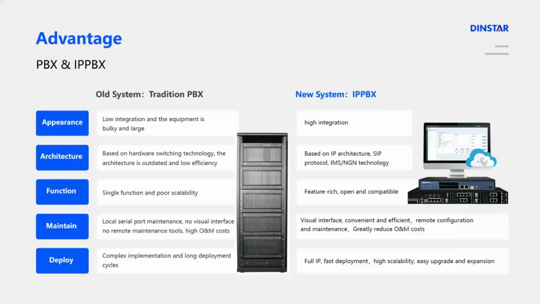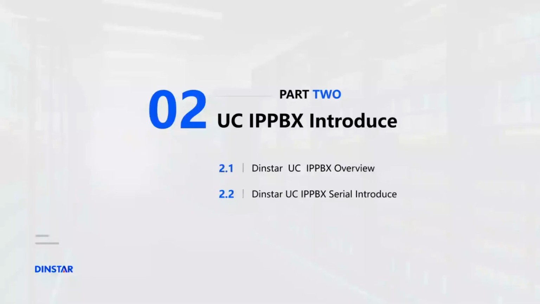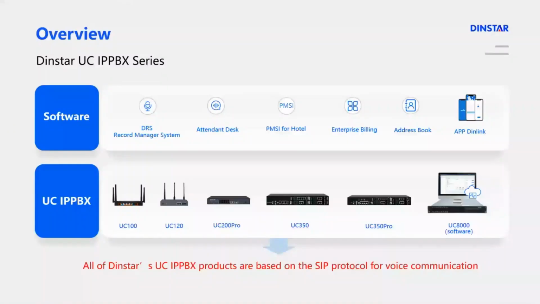Next, let's dive into the Dinstar UC IPBX product lineup. It's a full lineup of unified communication solutions paired with powerful software tools, all built on the SIP protocol and the software ecosystem that comes with every UC, like the DRS, the attendant desk, the PMSI for the hotel, and the enterprise billing and address book.